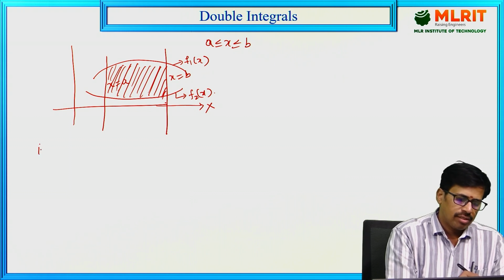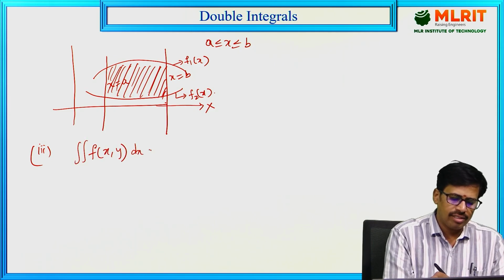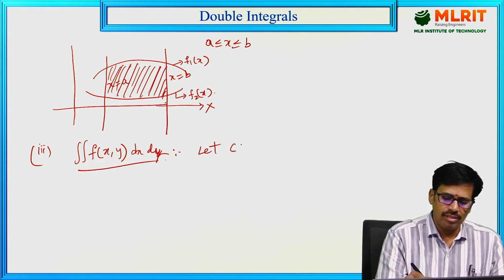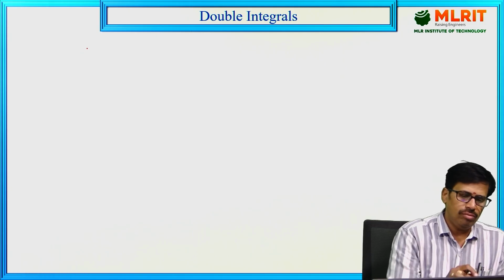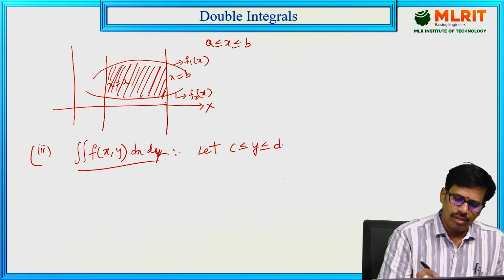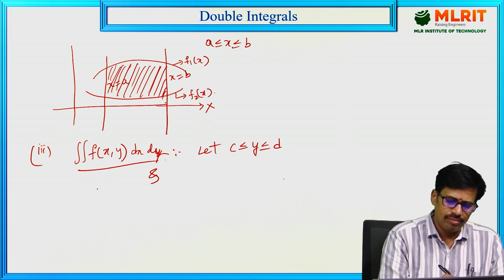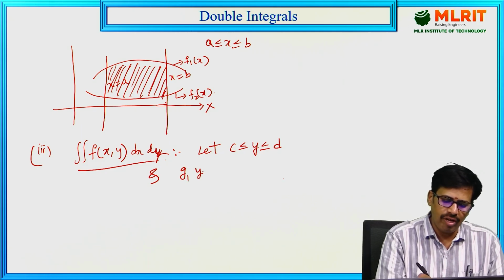Third case, to evaluate this double integral of f of x comma y dx dy, let us take c less than or equal to y less than or equal to d. So y is having constant limits c and d, and x varies from a function of y, say g1 of y to g2 of y.